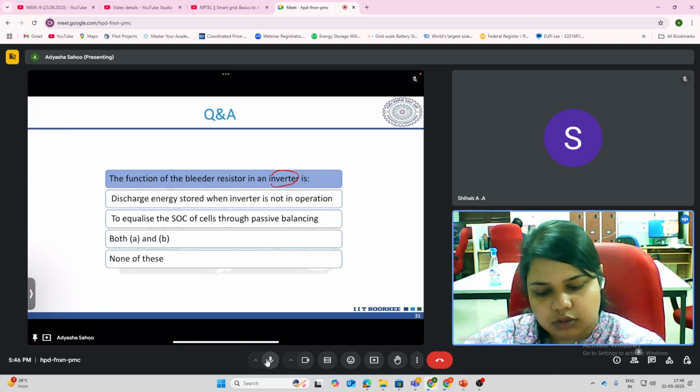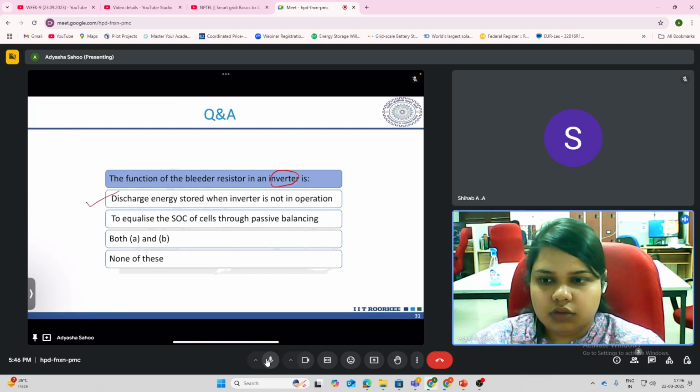So that will be to discharge the energy stored when the inverter is not in use.